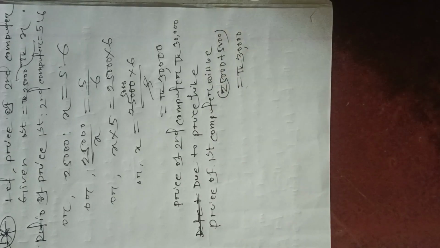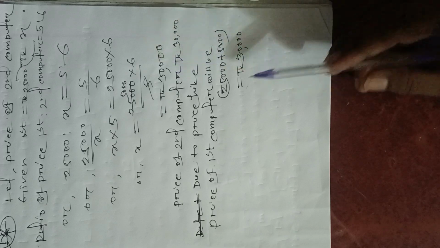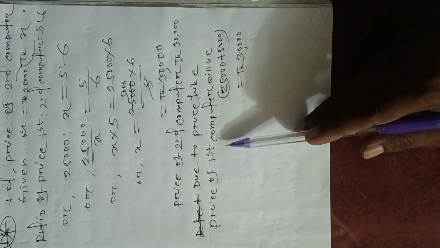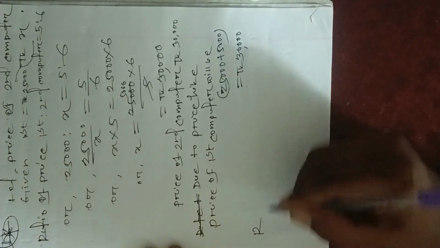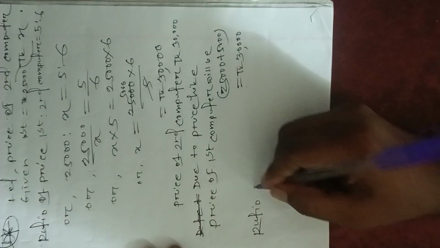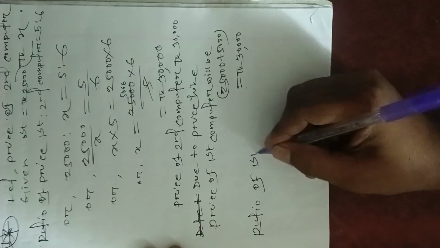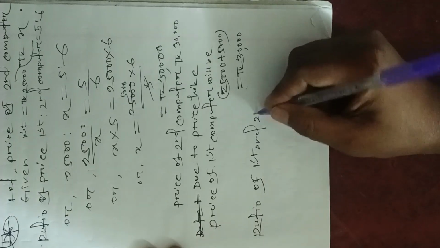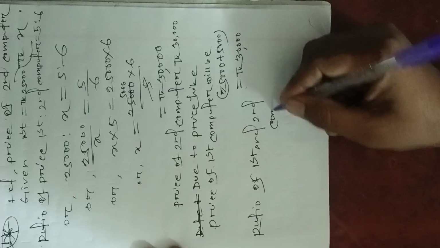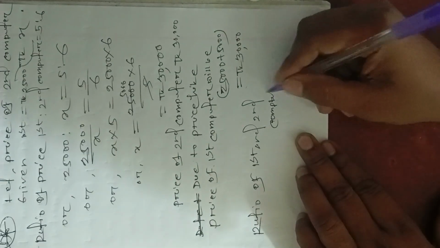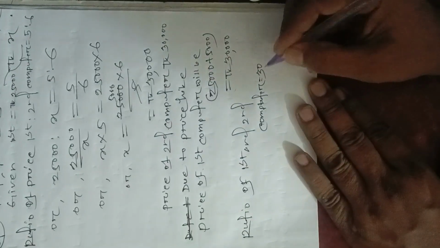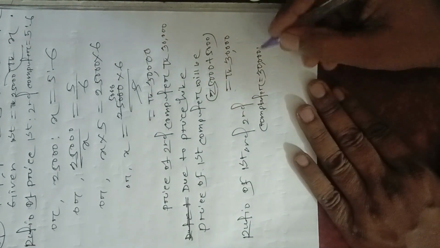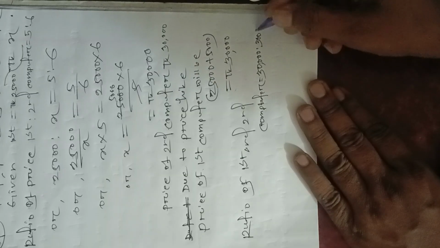Now what is the ratio of first computer and second computer? The price of the second computer is also 30,000 taka, and due to the price hike, the price of the first computer will also be 30,000 taka. So the ratio of first and second computer equals 30,000 is to 30,000.